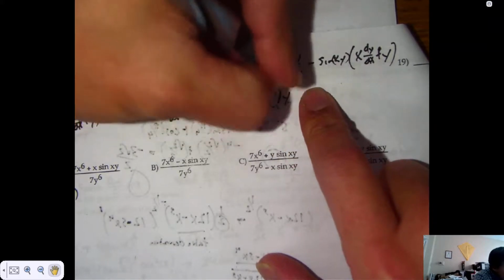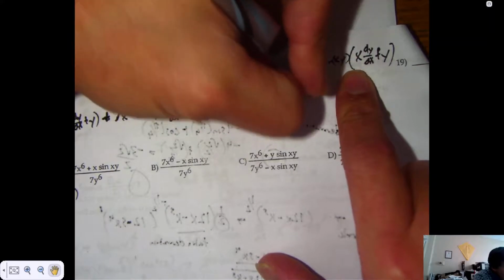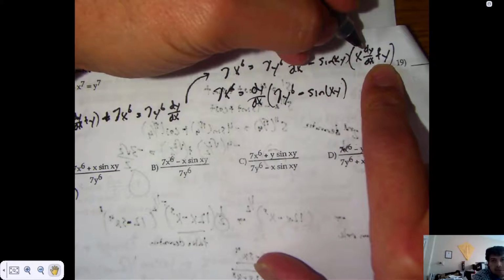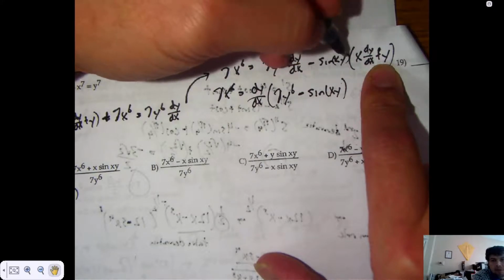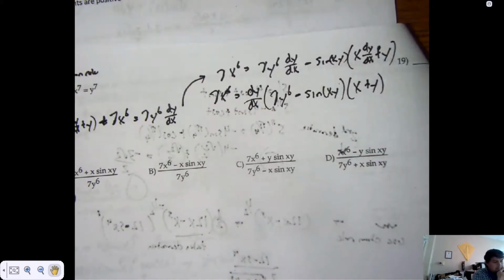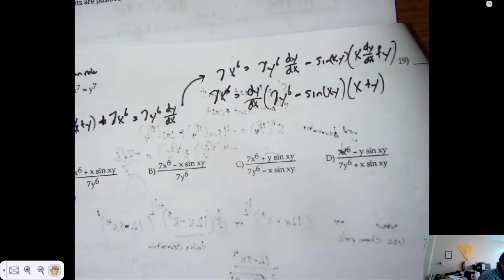There's a 7y to the 6th remaining, minus sine of xy. Now I'm pulling the dy dx out. I'm just making sure I'm not breaking anything by doing this. The x remains plus a y. I don't think I broke anything.